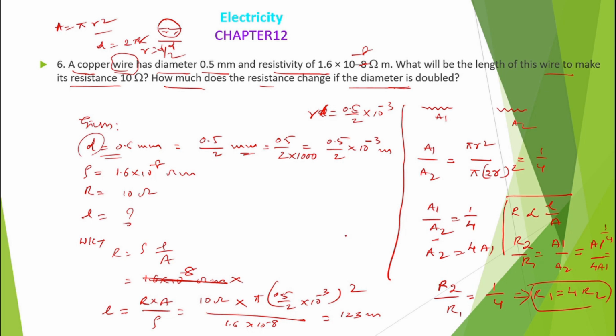We want R2, because R1 is given, so R2 we have to calculate. So R2 is equal to R1 by 4. Therefore, the resistance becomes 1/4 of the original one. Original, we are having 10 ohm. So if we increase the diameter, it will become 1/4 of R1. So this is the answer.